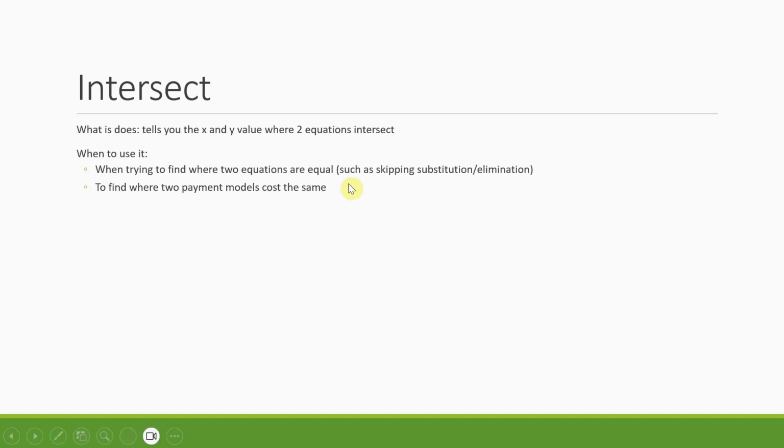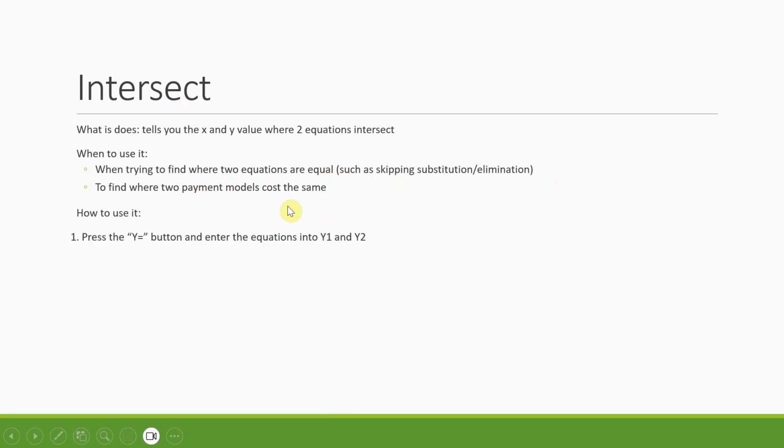And then they ask, for how many videos would you have to rent for them to cost the same amount? That is essentially another way of setting up these two linear word problems. You just have to write out the formulas yourself first. Once you write those out, you could put them in y equals format and use intersect.